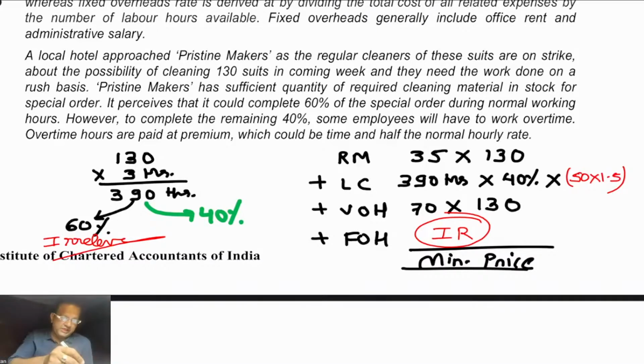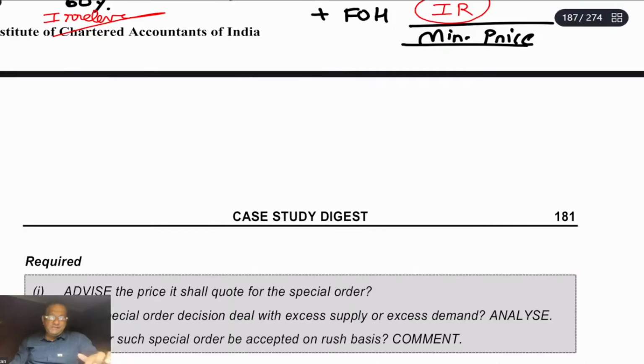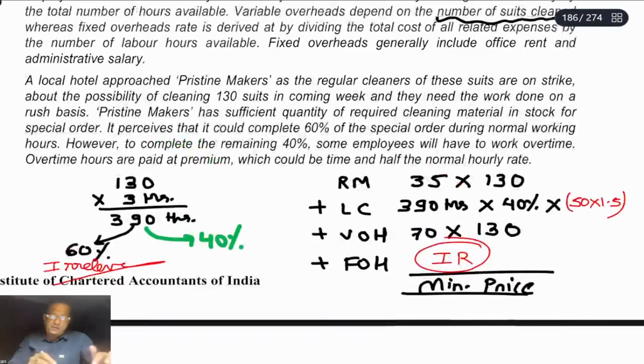No? Okay. चलिए देखिए, इसका second requirement part भी अच्छा है बेटा. The special order decision deals with excess supply or excess demand. Analyze. Okay. So whether you can expect that the organization will refuse the special order repeatedly? No, beta. They are giving us the order since their regular cleaners are on strike.